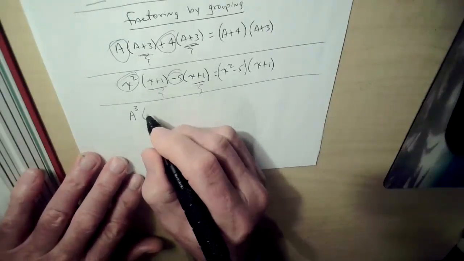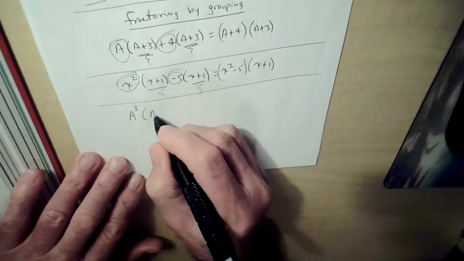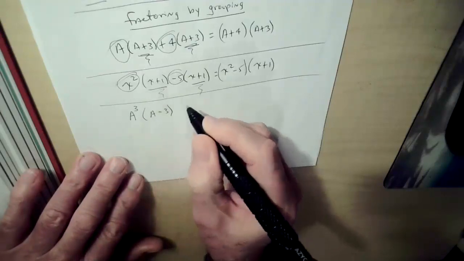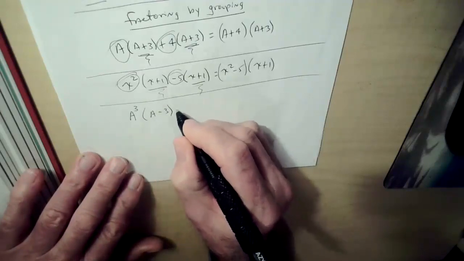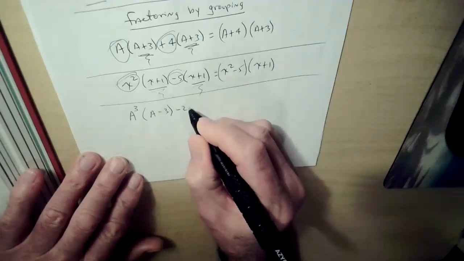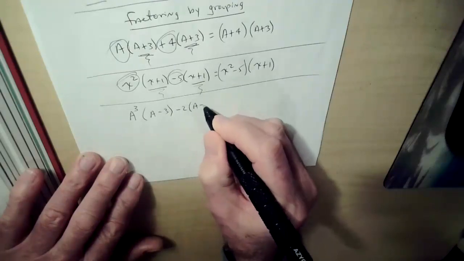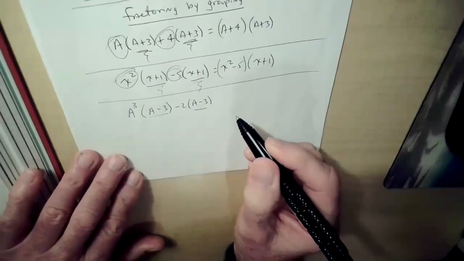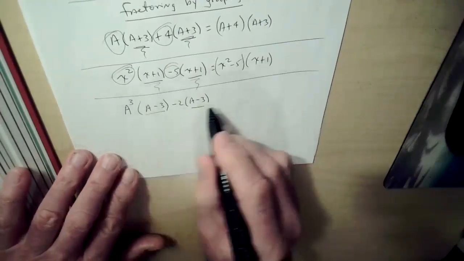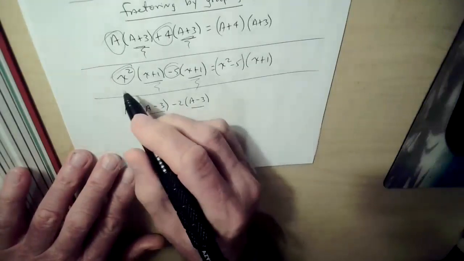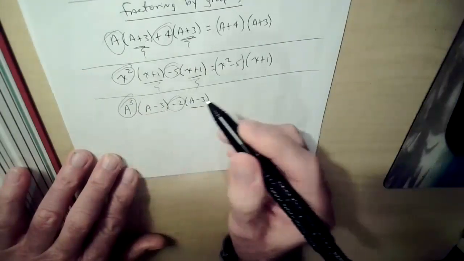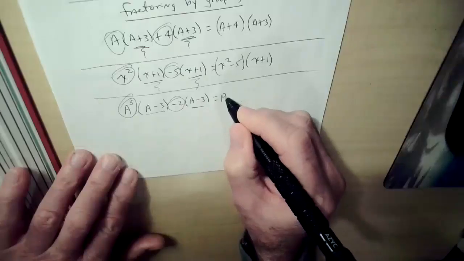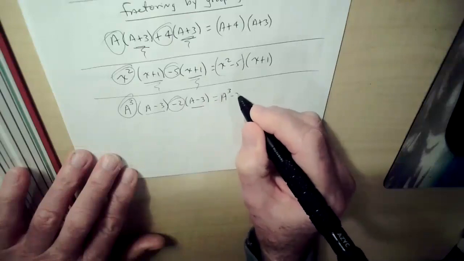Okay. Now, if we had A cubed times (A minus 3) minus 2 times (A minus 3). Okay. This and this are the same, which we must have, or else there's nothing you can do.